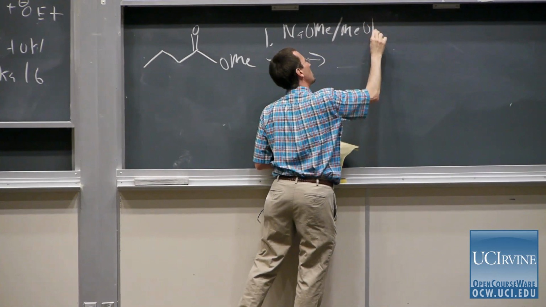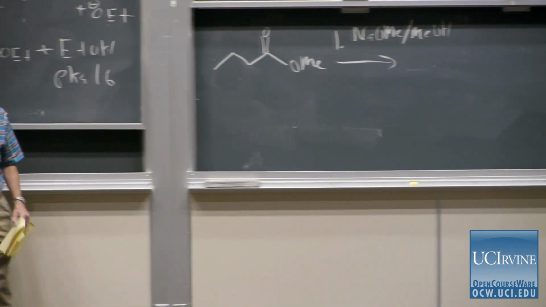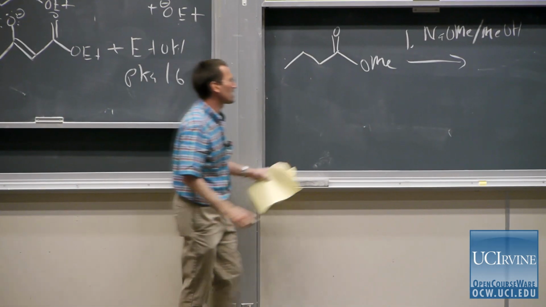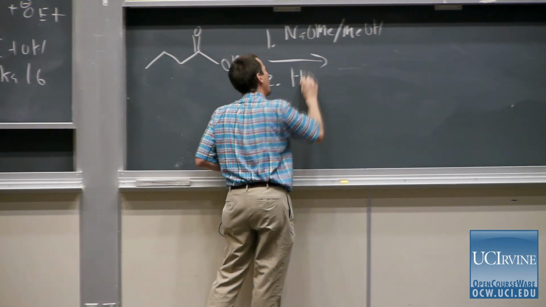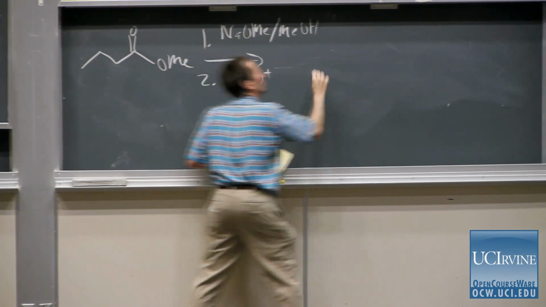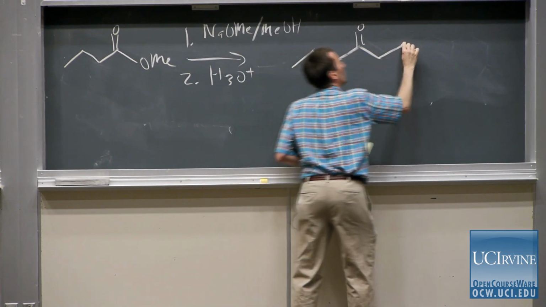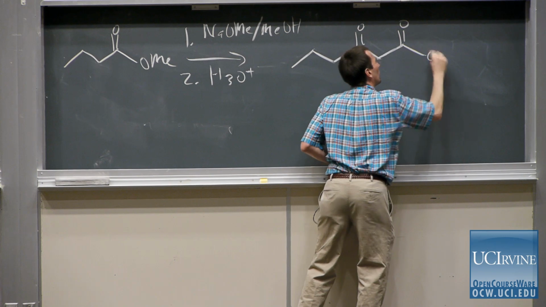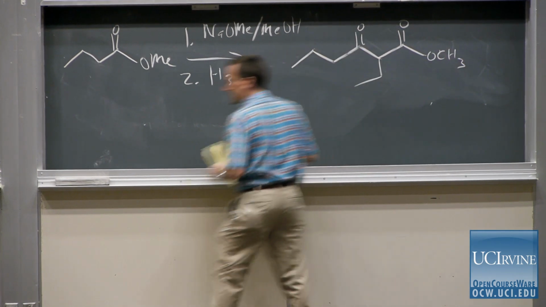If I were to use sodium ethoxide and ethanol, I'd transesterify and get some or all of the ethyl ester. And then after cooking it up, I'll carry out an aqueous workup. And that's going to take me to my desired product.